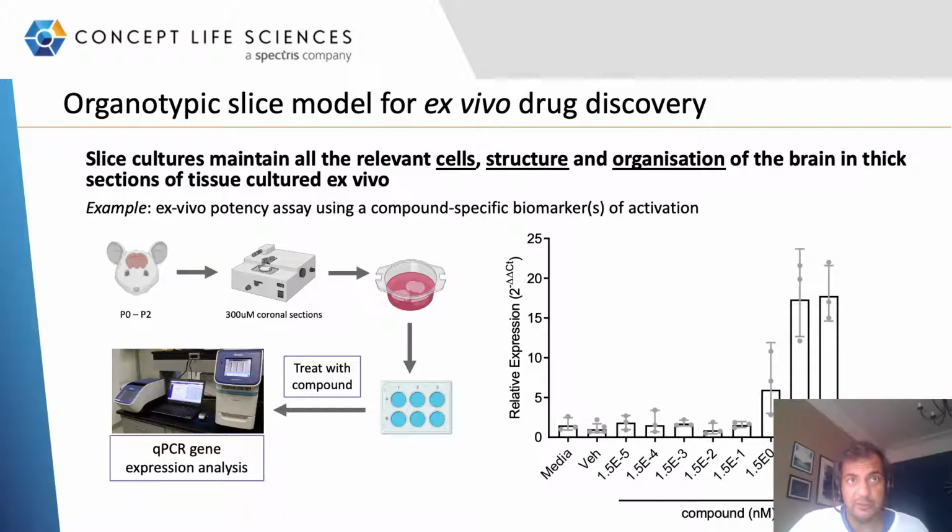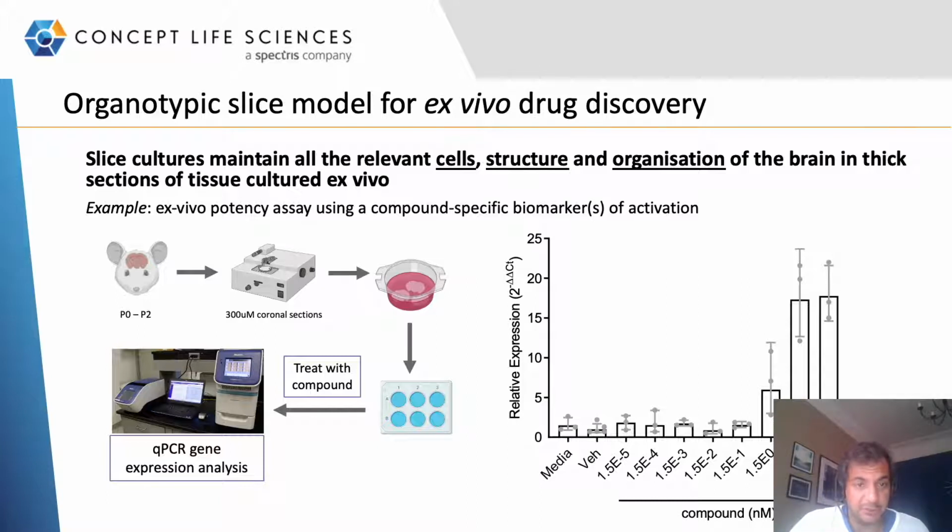Now, prior studies showed that there was a mismatch in the in vitro data generated from dissociated cells and the in vivo pharmacology. And so the challenge was to determine whether these organotypic slice models better recapitulate the in vivo data. And so we generated the slices by harvesting brains from neonatal mice aged between P0 and P2.